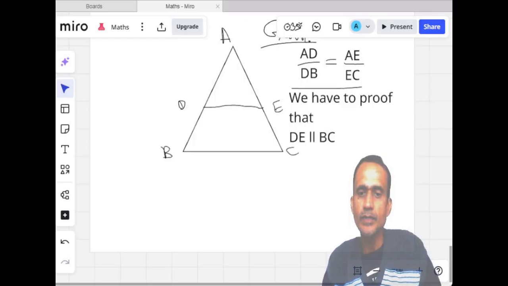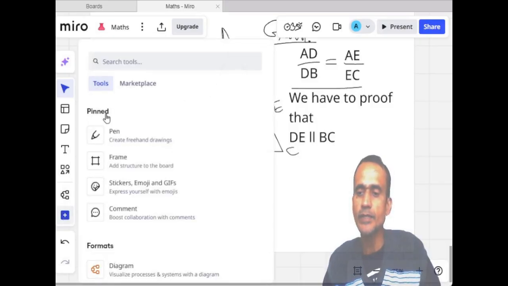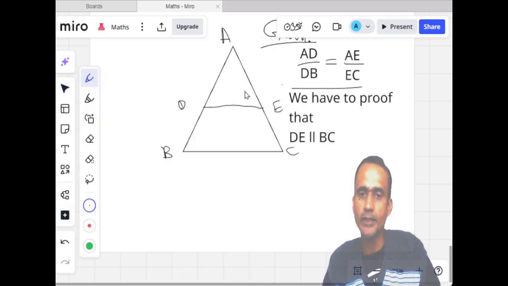So first we assume that DE is not parallel to BC. If DE is not parallel to BC, then we will have some point E dash such that DE dash will be parallel to BC.